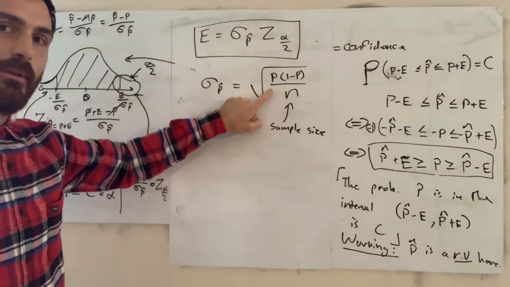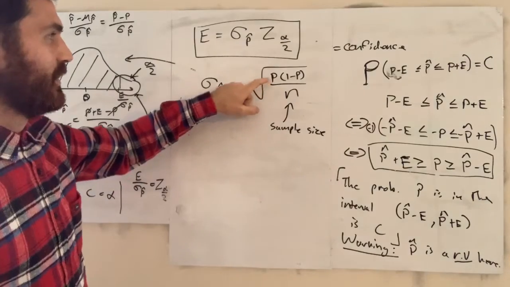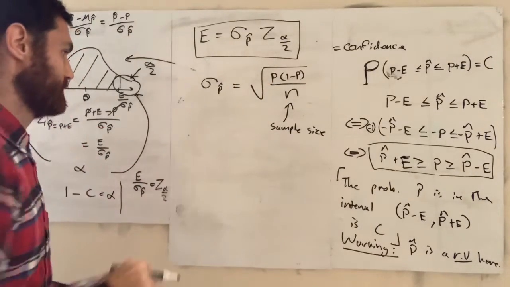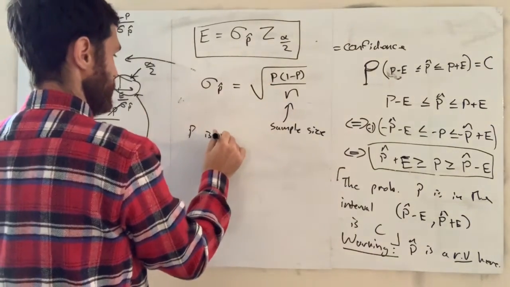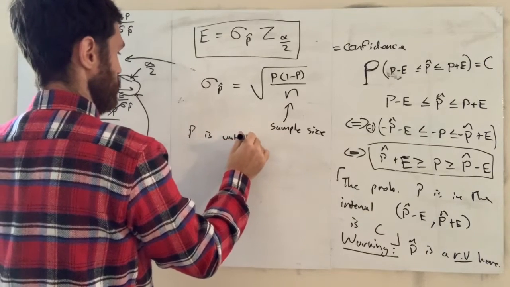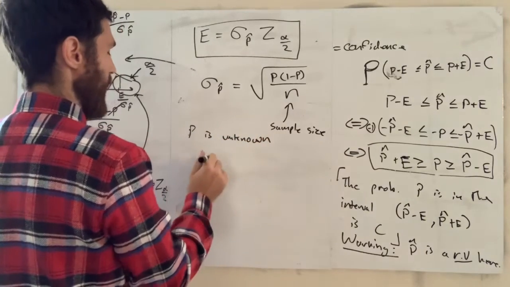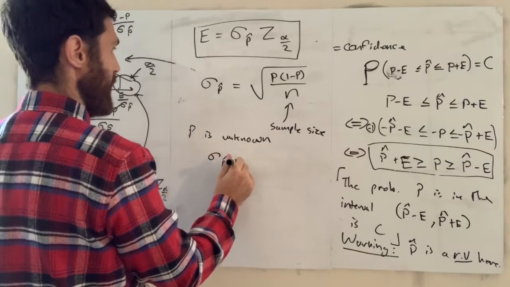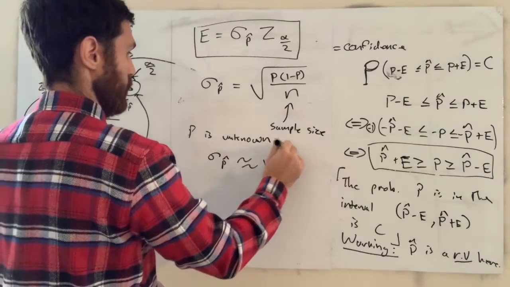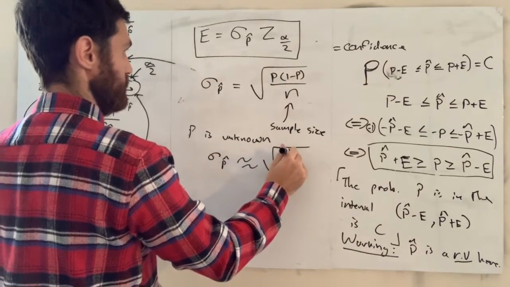Now there's a problem here in that we don't know what p is. So again, p is unknown. So what we have to do is replace p with the best estimate.